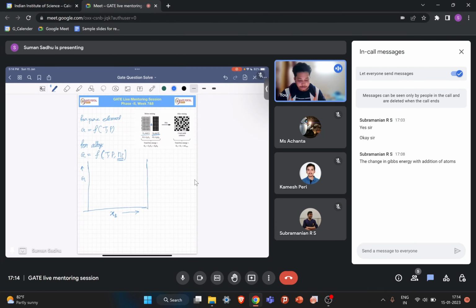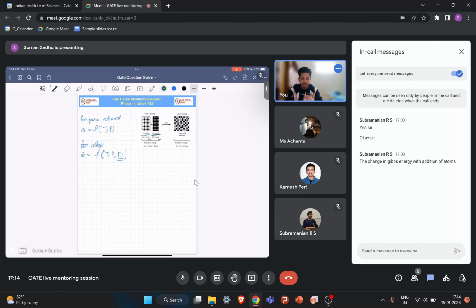First let us discuss what will be the expression for the free energy when, let's say, initially we have xa mole of A atom and xb mole of B. Okay, so when those are separated, not mixed together, then the molar free energy of element A is Ga, and the molar free energy of element B is Gb.